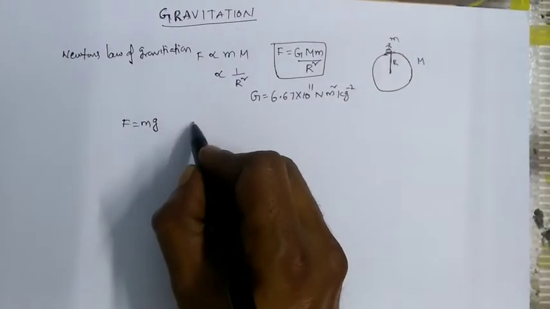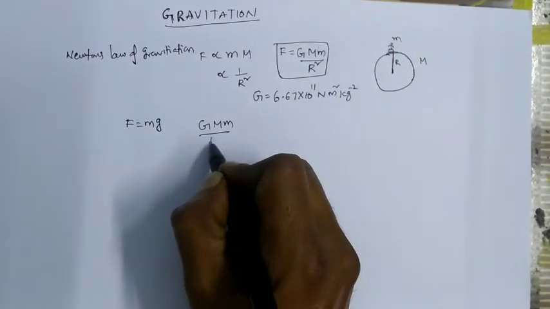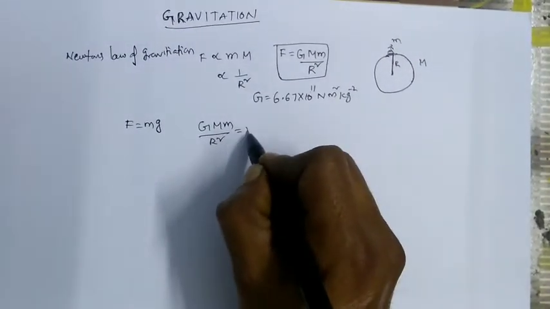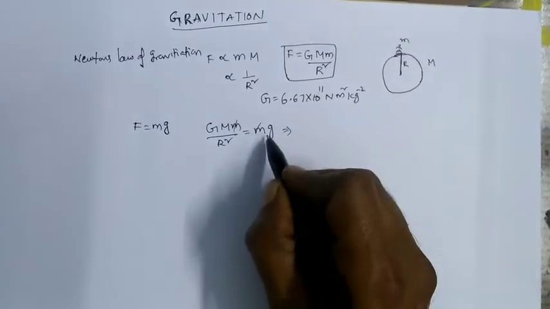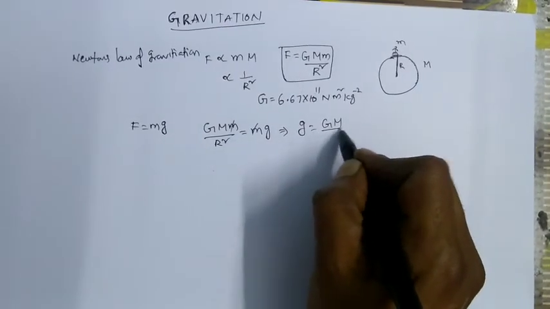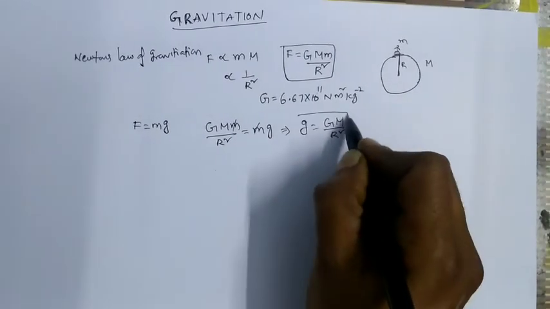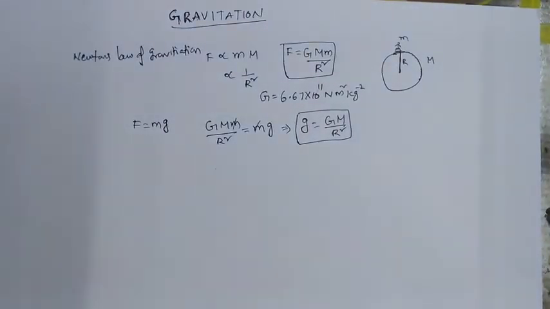Equating these two, you get G capital M small m by R square is equal to mg. Cancelling the small m, you get the relation between small g and capital G: small g is equal to G capital M by R square.